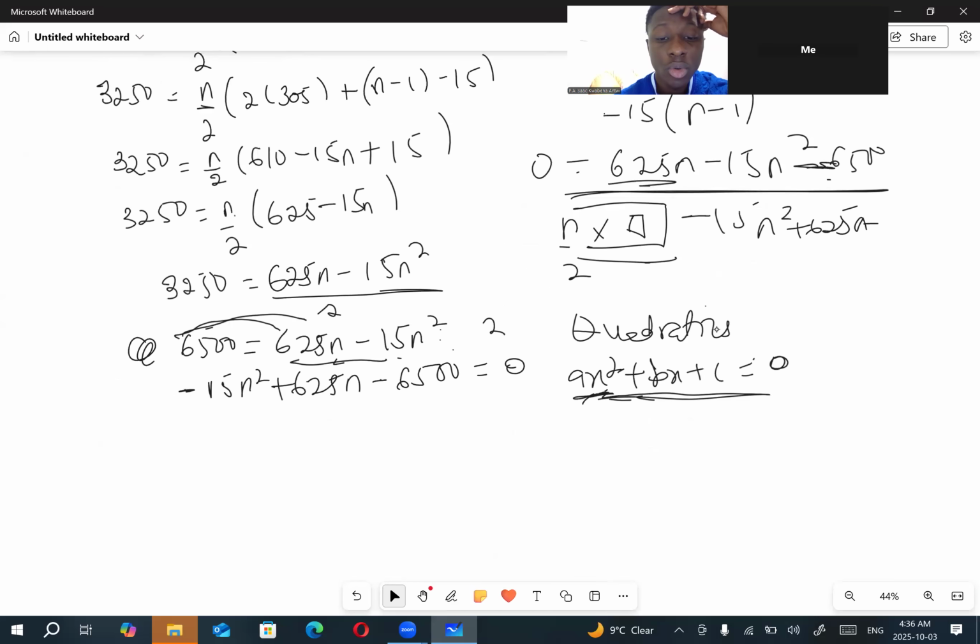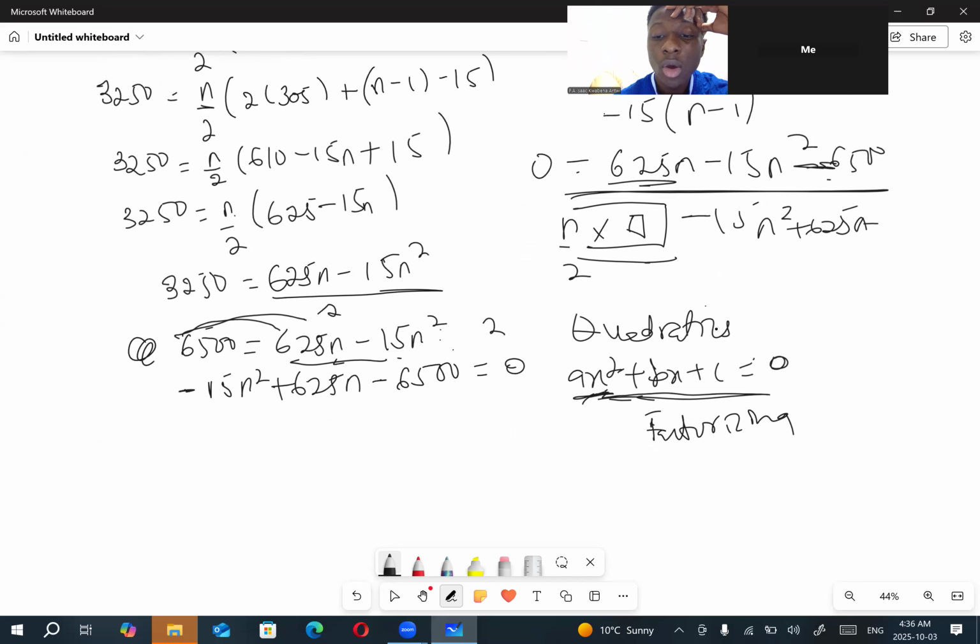Now quadratics have their own approach of solving. It's all about factorizing.